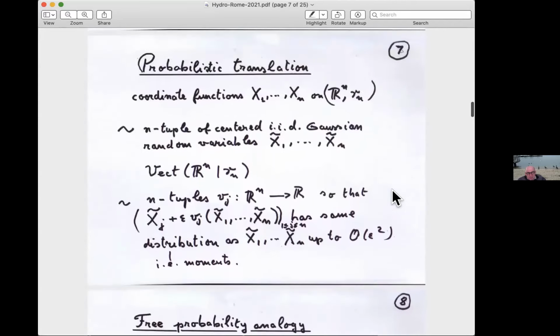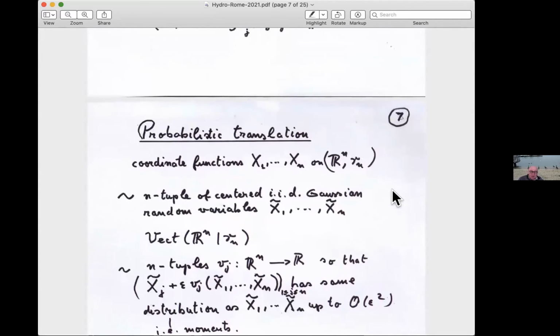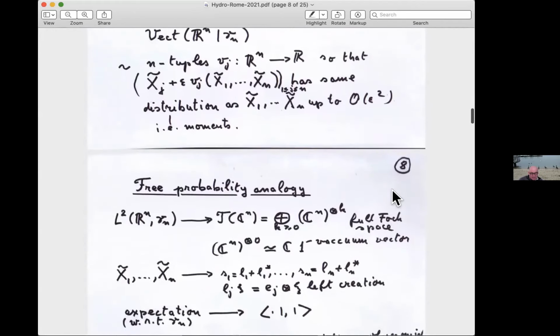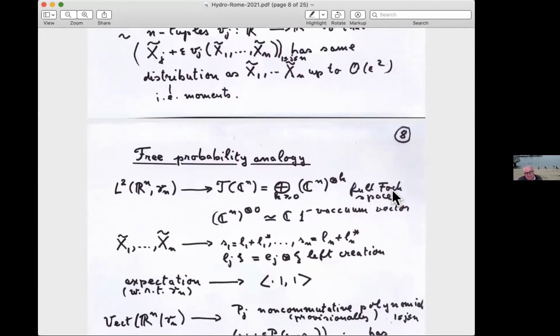How does the free probability analogy go? So we have analogs of Gaussian random variables, and the Gaussian random variables, they live on a full Fock space.